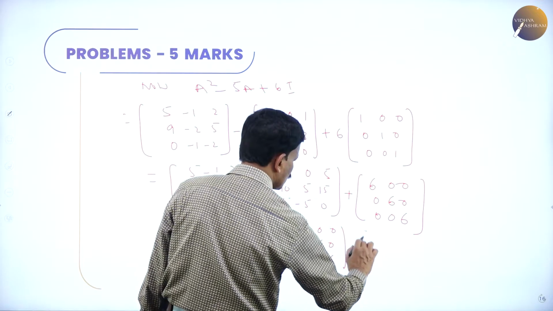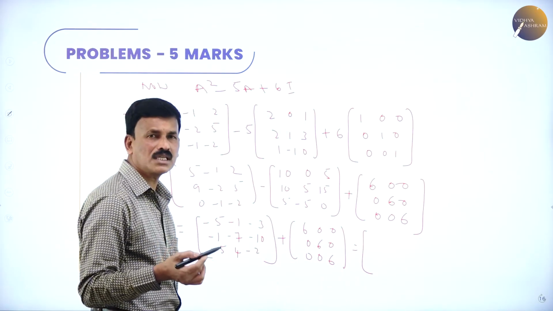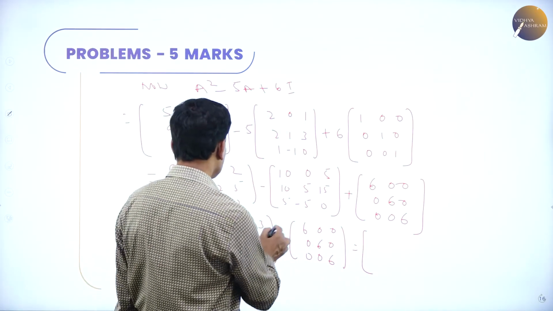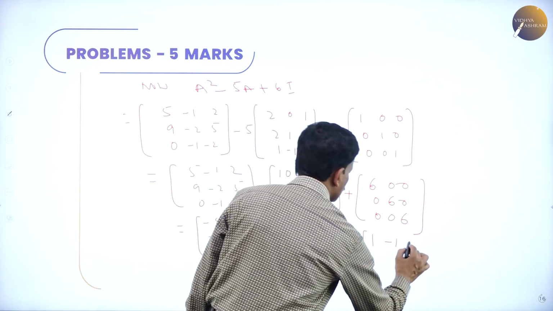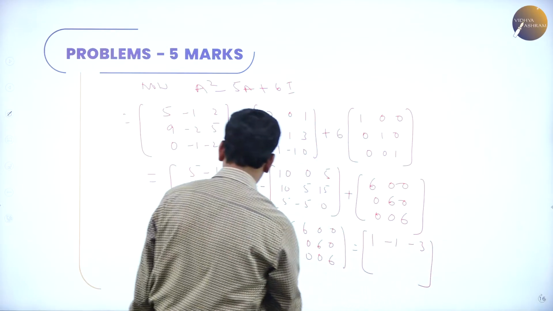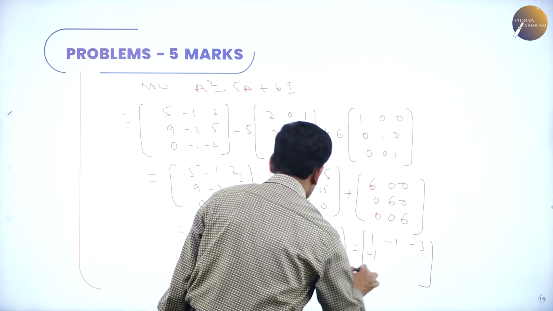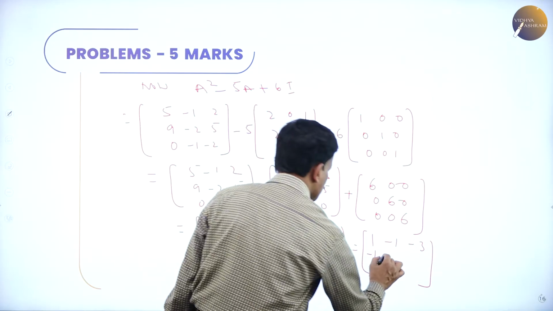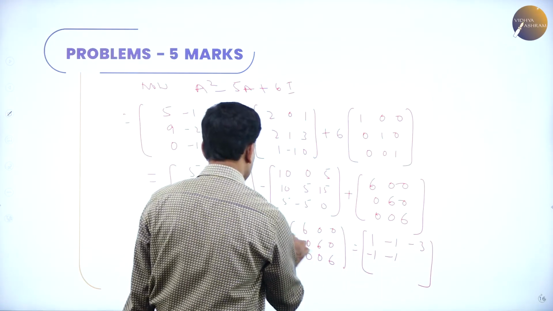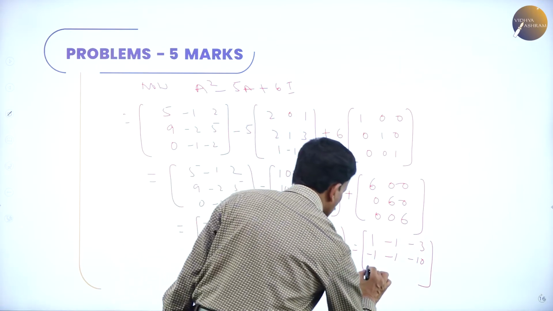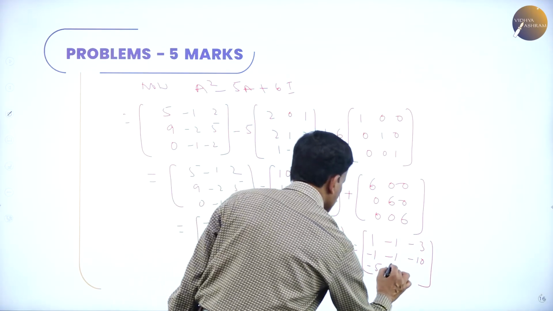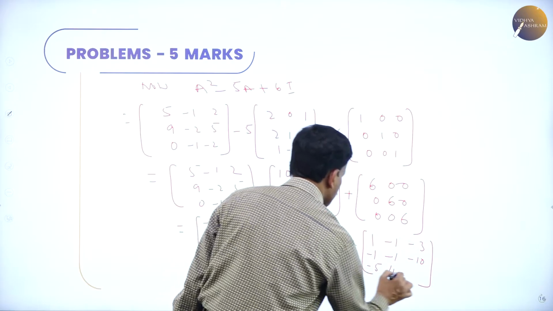Add this. If this is equal to 0, it is a null matrix, otherwise not equal to 0. 6 minus 5 is 1, minus 1, again minus 3, not equal to 0. Then minus 7 plus 6 is minus 1, minus 10 plus 0 is minus 10, minus 5 plus 0 is minus 5, 4 plus 0 is 4, and 6 minus 2 is 4.